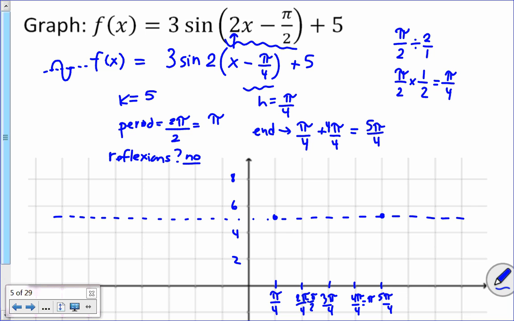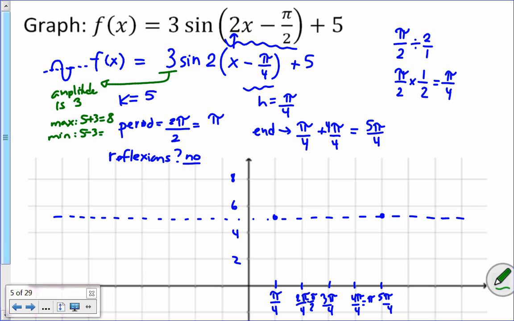So we need to check with our A. This tells us that our amplitude is 3. So what is the max? Why 9? Really? Oh, no, it's not. Oh, April Fool. Okay. And what's our min? We start at 5 and we go down 3.